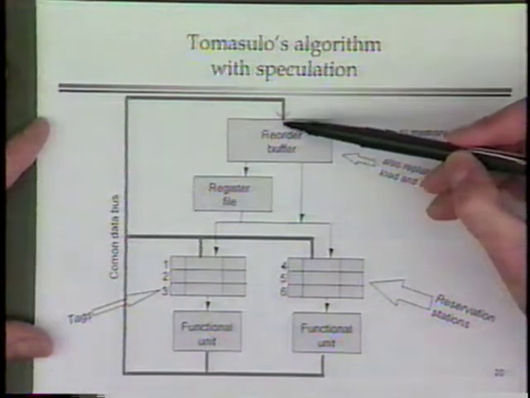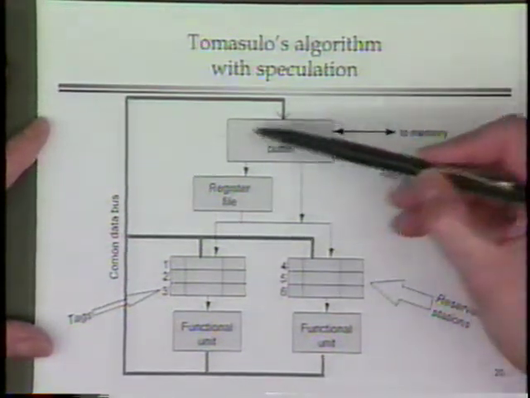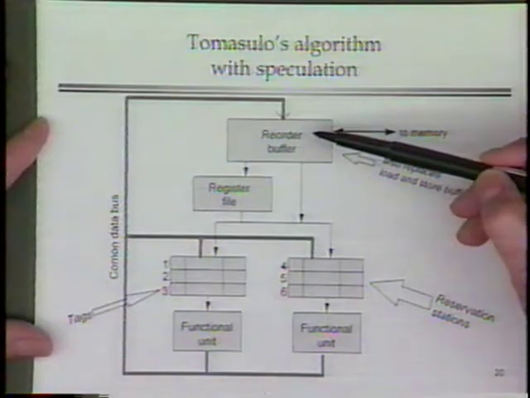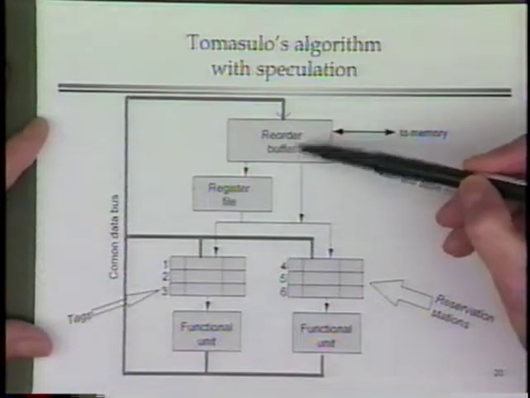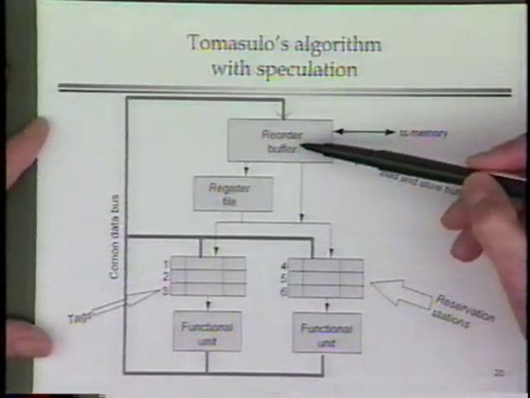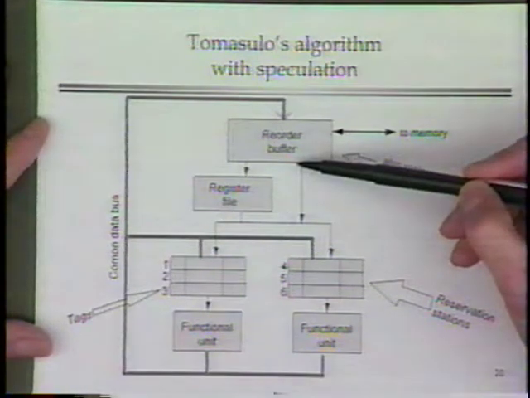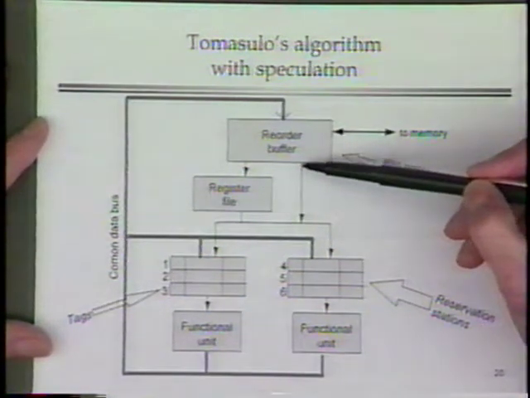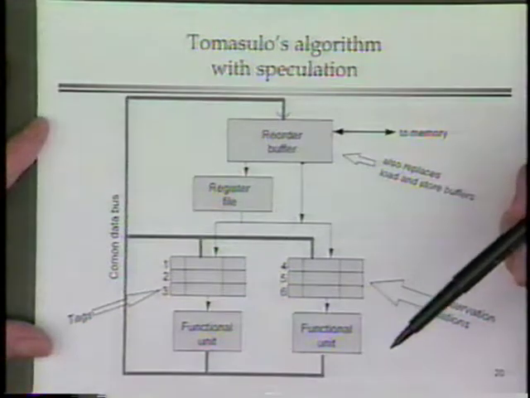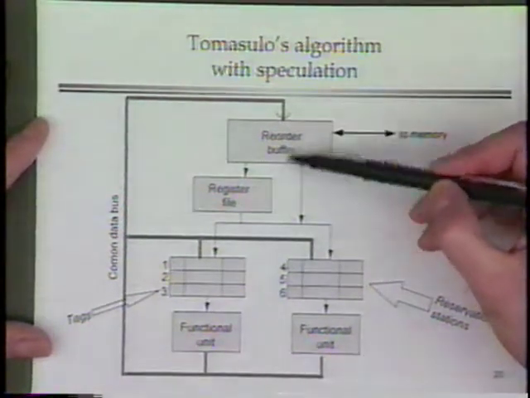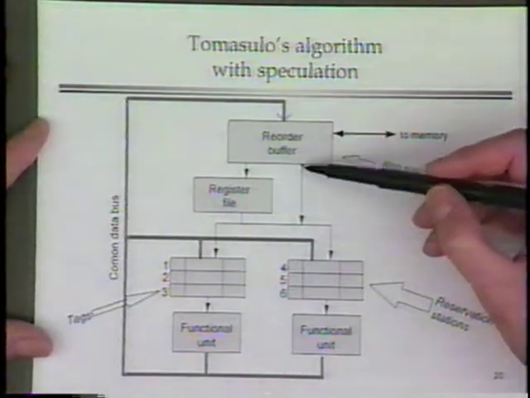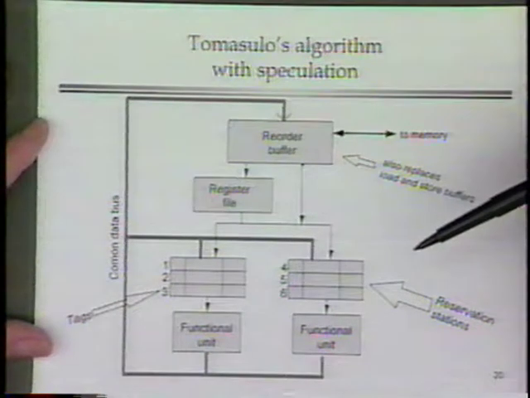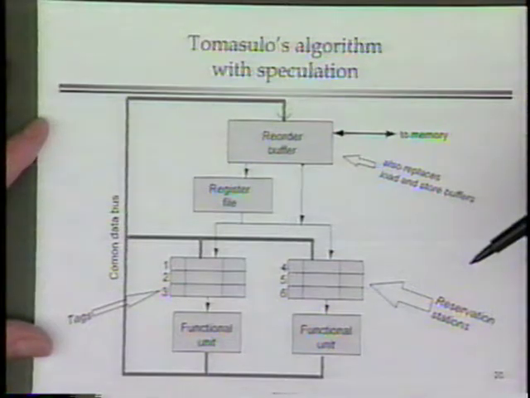The result represented by that reorder buffer entry, including the value of the destination register, sits in the reorder buffer waiting for the instructions which are before it in time to get to the front of the reorder buffer and commit. We did it before in order to know that there were no exceptions. We do it now so that all of the things before a branch instruction are saved in the reorder buffer. If the branch instruction goes away, we wipe out the reorder buffer entries that represent instructions that shouldn't have been executed.